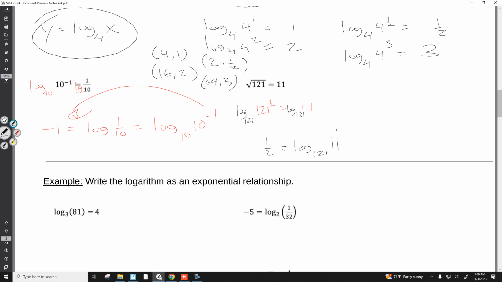Why? Because 11 can be written as 121 to the 1/2. An answer to a logarithm is the exponent because logarithms and exponents are inverse.